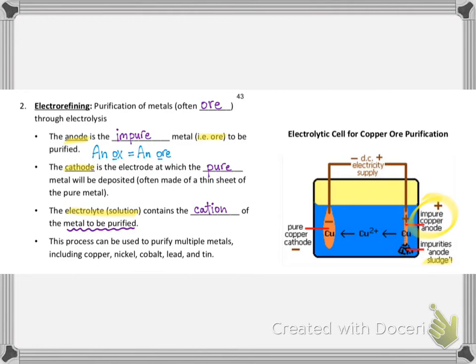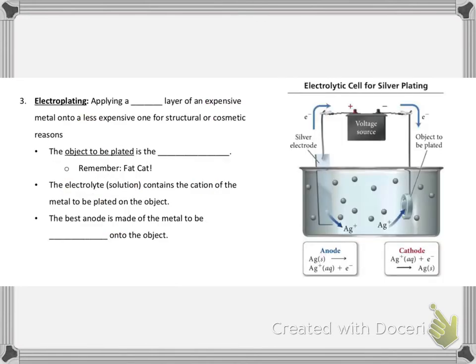Okay, we've talked about electrolysis, we've talked about electrorefining, we have one more you have to know, electroplating. Electroplating is when you apply a thin layer of an expensive metal onto a less expensive one, either for structural reasons or cosmetic reasons. The object that you want to plate or cover in the thin layer is the cathode, right? The fat cat wants to get the mass.